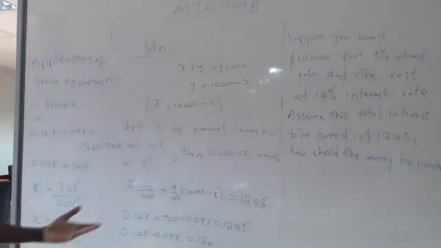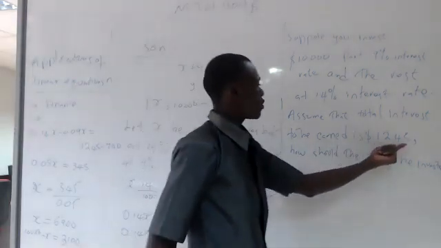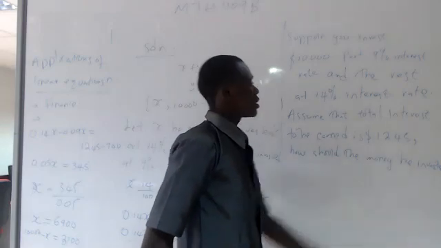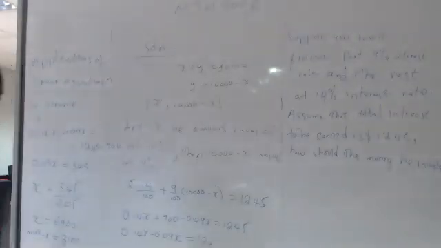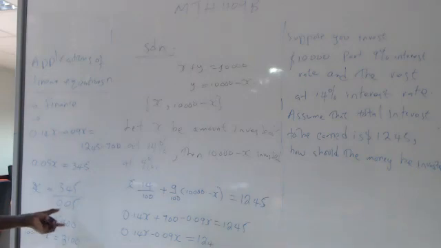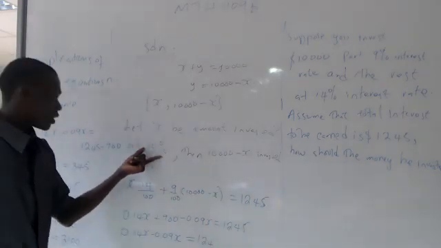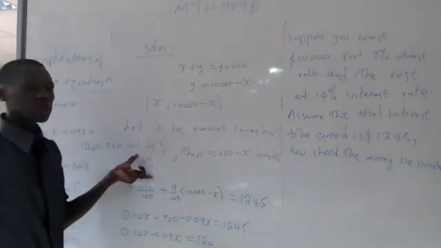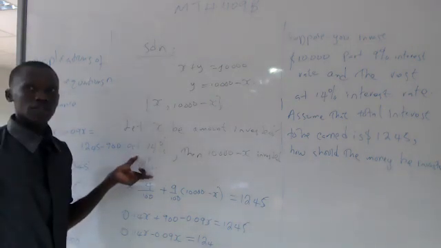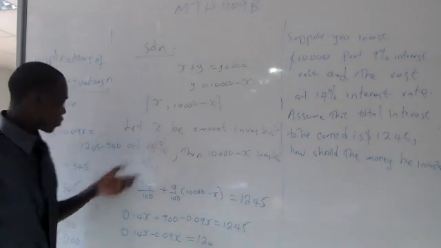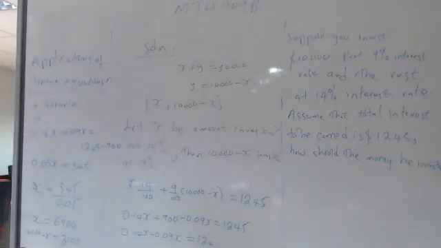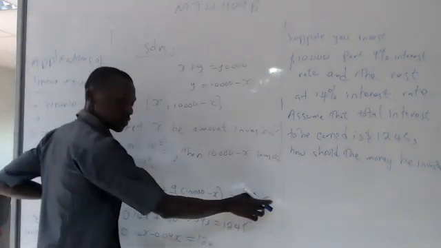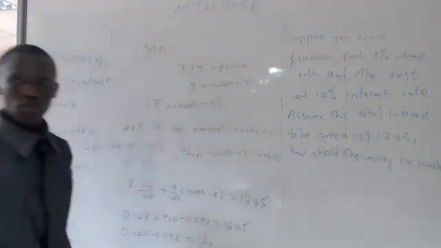So this means to get a 1245 interest, we need to invest 6,900 at 14% and invest 3,100 at 9%. And we arrived at that conclusion by solving a linear equation problem.